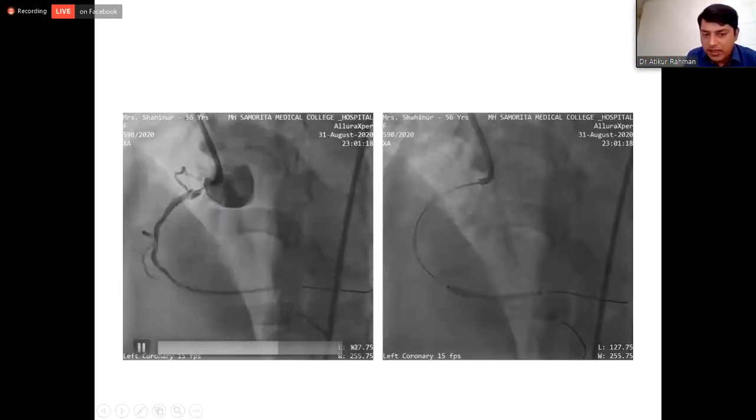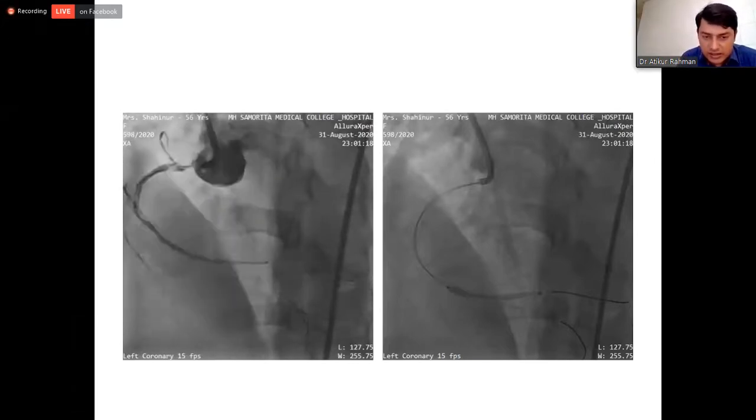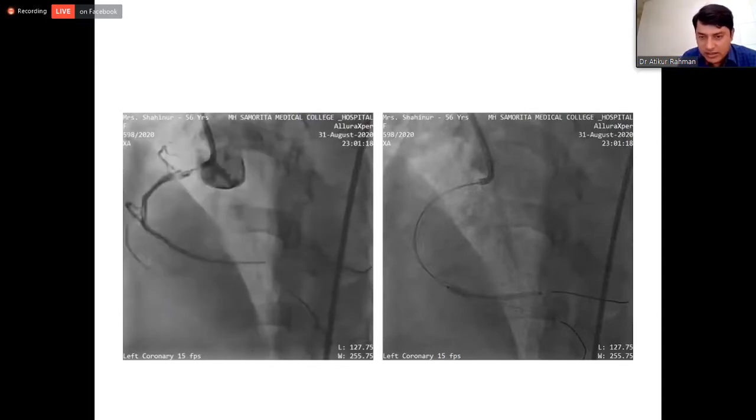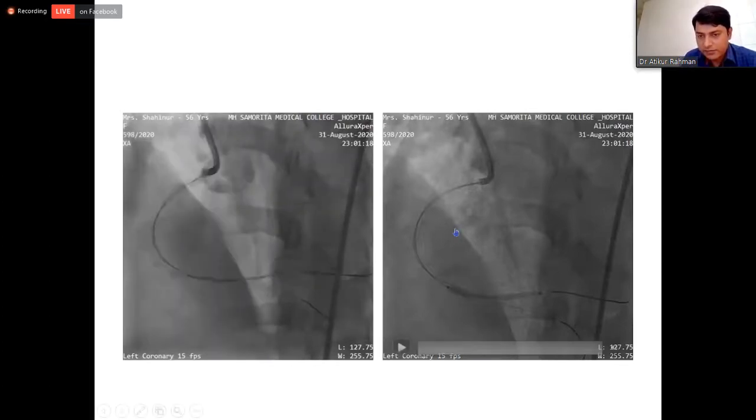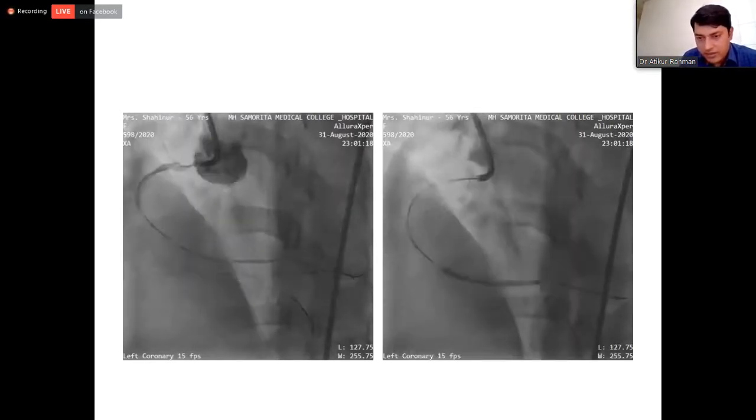We took a Resolute Integrity 2.5 into 30 millimeter stent covering the proximal part of the PLV from the distal RCA, and the stent was deployed.